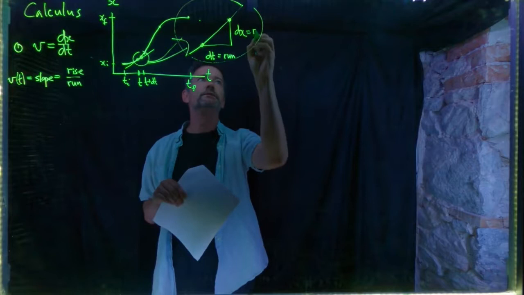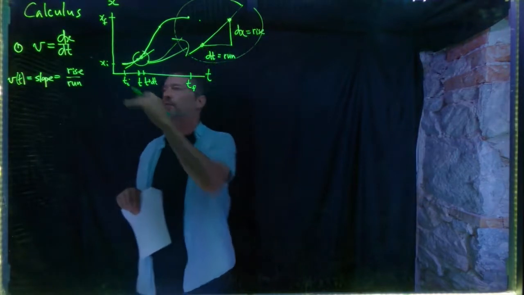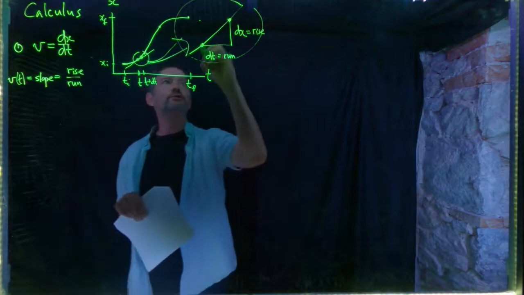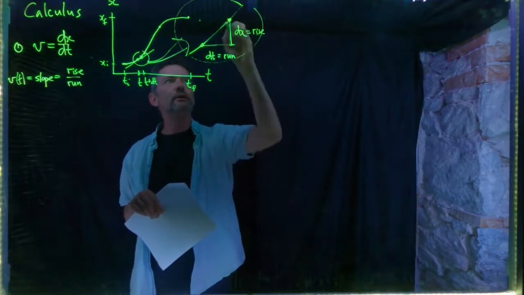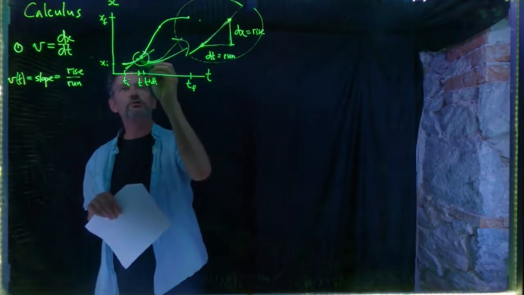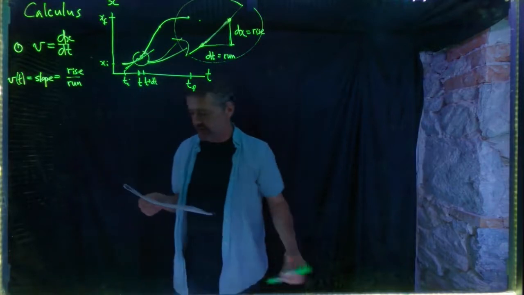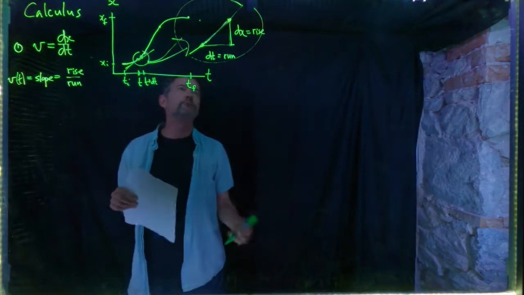So that's the rise. It's an infinitesimal rise and an infinitesimal run, and the ratio of those two gives you the slope. This straight line has the same slope as the line tangent to the graph at that point. So the derivative, just slope, is rise over run.